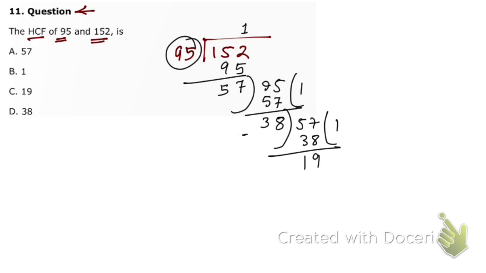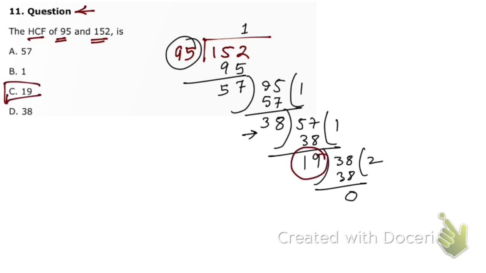Now divide 38 by this remainder, 2 times, so 38. You have to continue dividing until you get 0 remainder. So by which number have you divided? 19. So 19, option C, is the correct option, right? Hope you have understood this, or you can apply the prime factorization method as well if you want. Now let's move on to the next question.